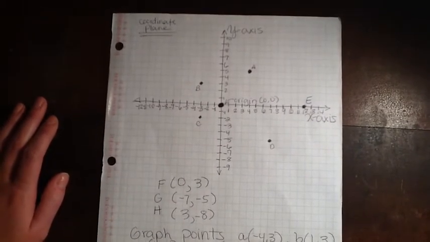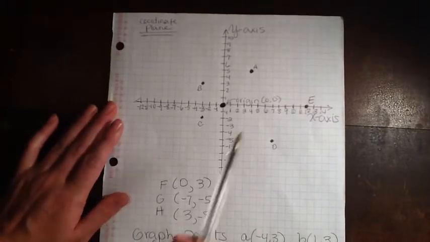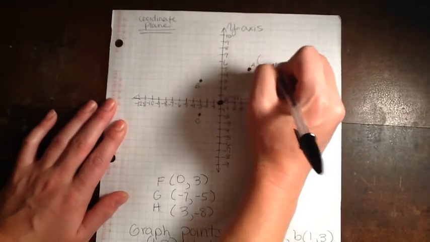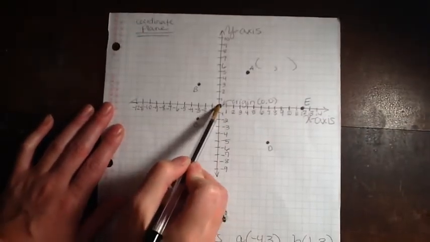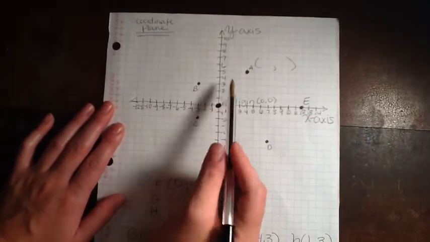If you notice, we have several points labeled and dispersed throughout the graph. We're going to go ahead and find what the ordered pair is for each of these letters. So if we look at A, we have to figure out what is the x-coordinate and what is the y-coordinate. If I start at the origin, how many did I have to go over to be able to reach where A is?